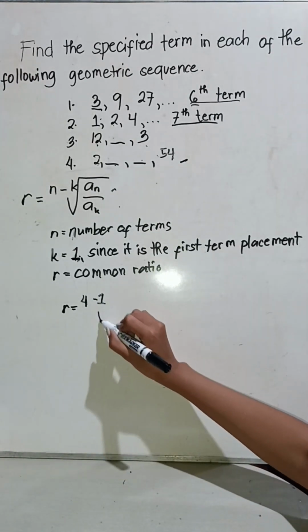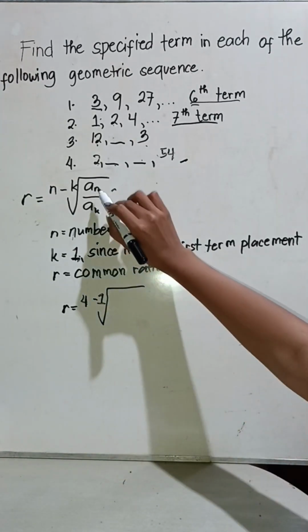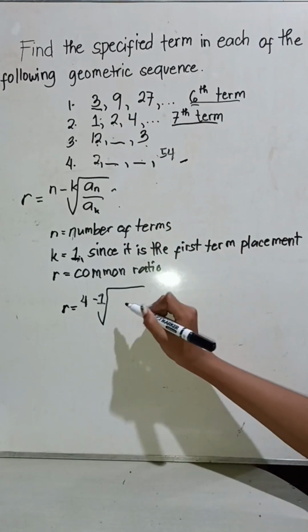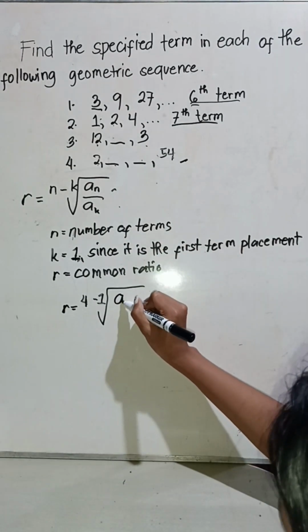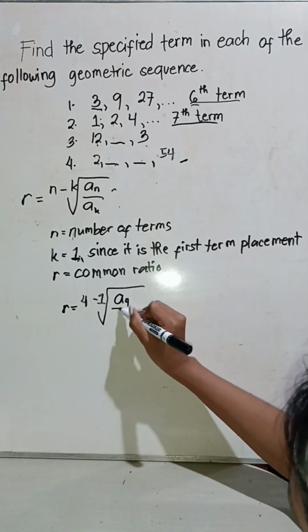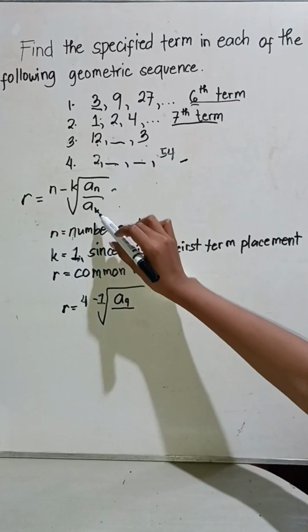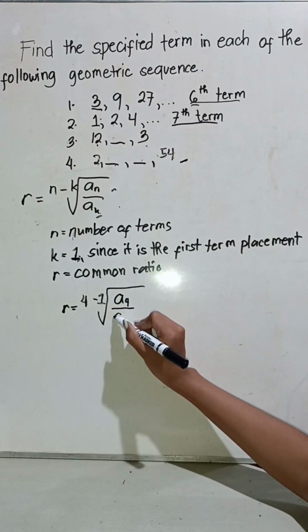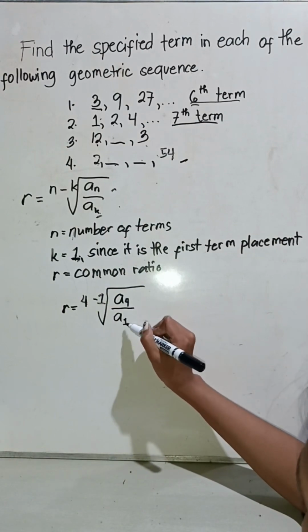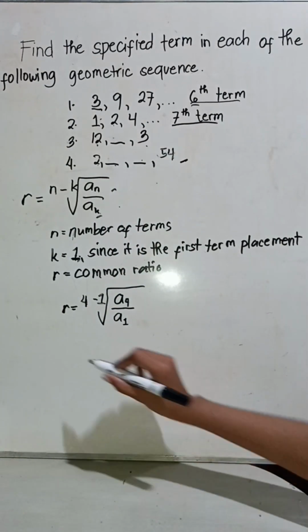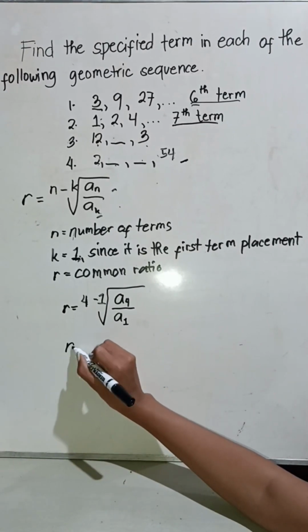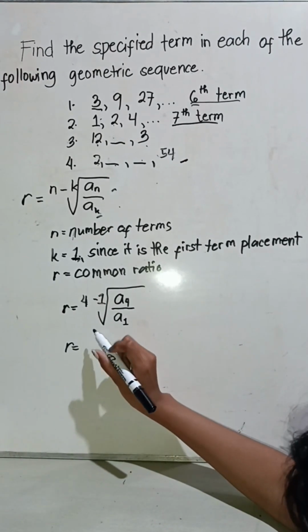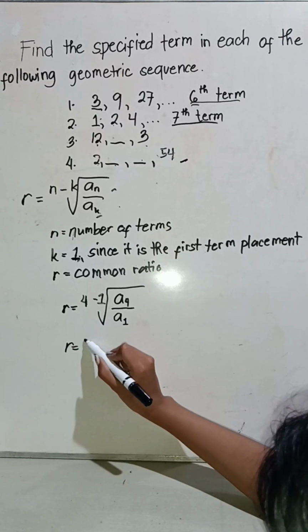Then the square root of a sub n. Our a sub n is 4, because it is the fourth term. Next is a sub k. Our k is 1, right? So, a sub 1. Only the k changes. So, r is equals to 4 minus 1, 3.